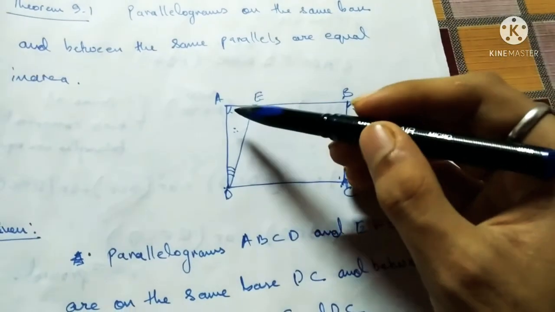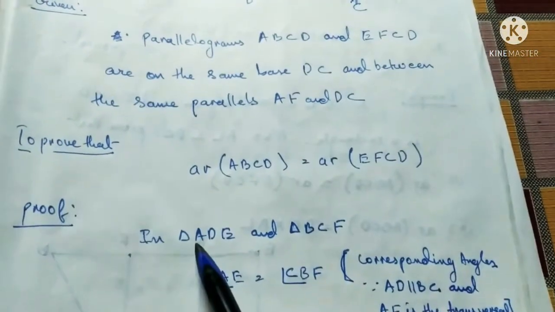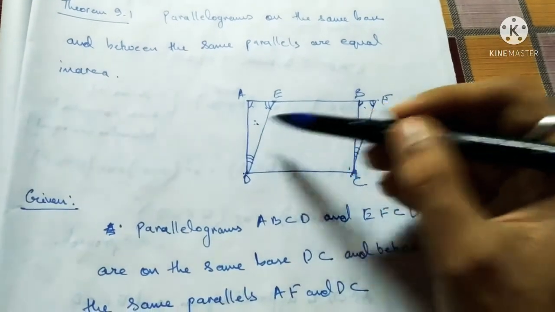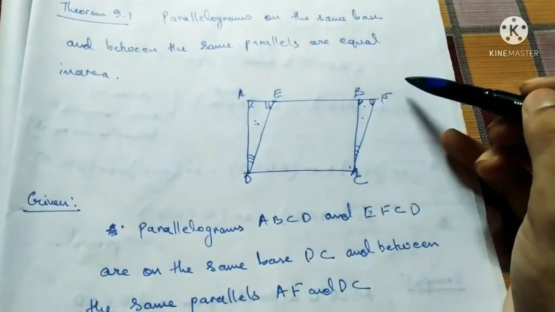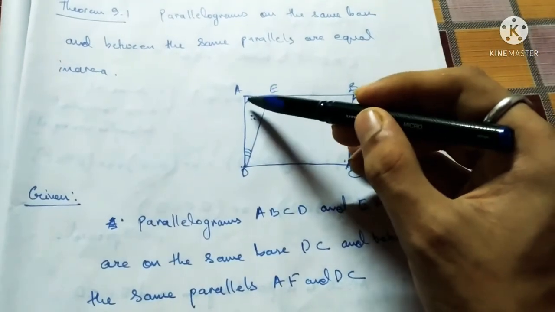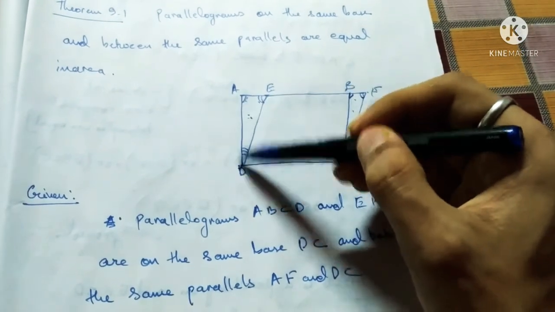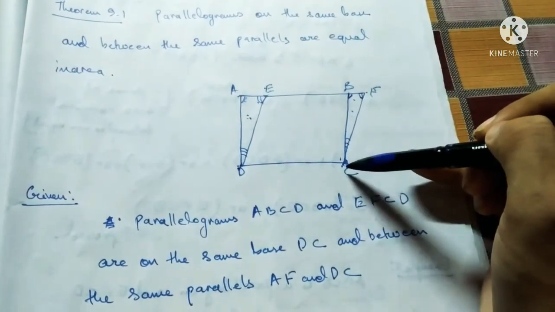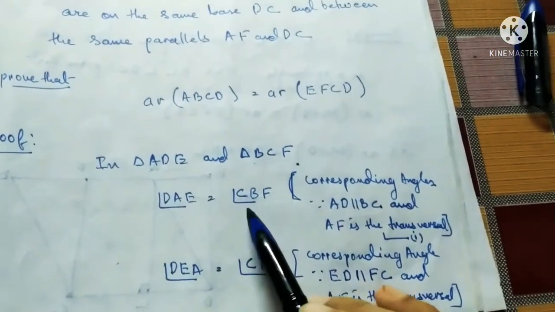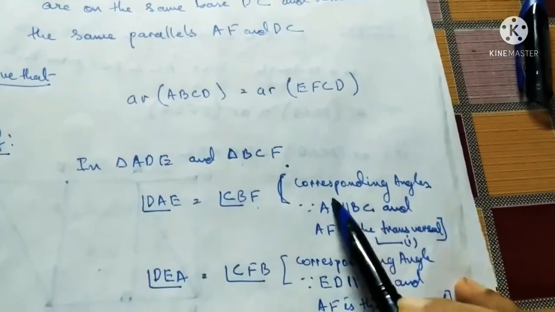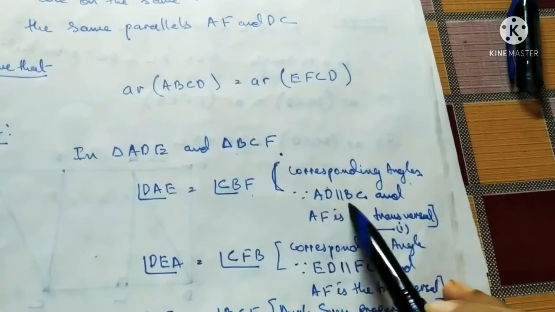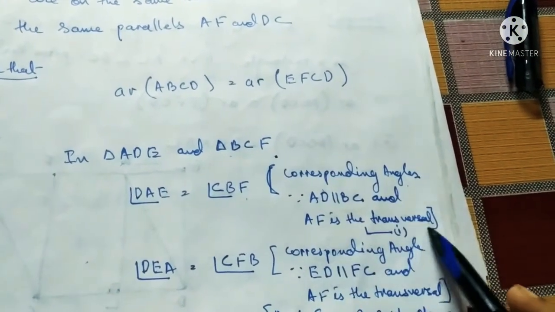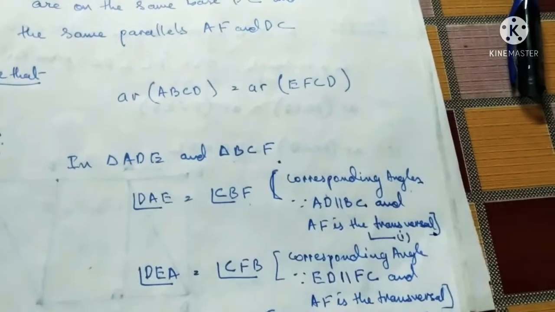So in triangle ADE and triangle BCF, angle DAE is equal to angle CBF, corresponding angles, since AD is parallel to BC and AF is the transversal.